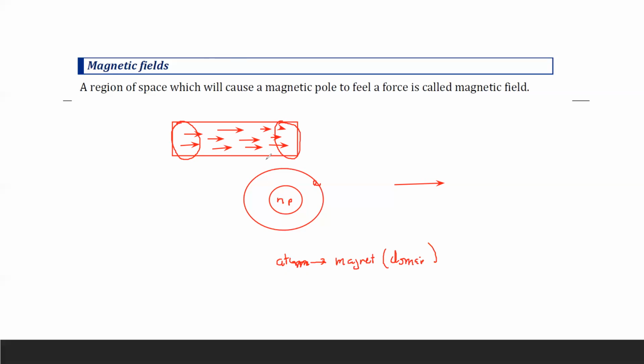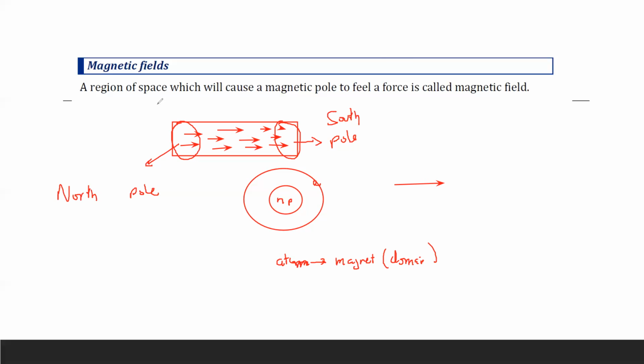That region is referred to as a pole. So for a magnet, there are two poles. One is known as the north pole, another one is the south pole.